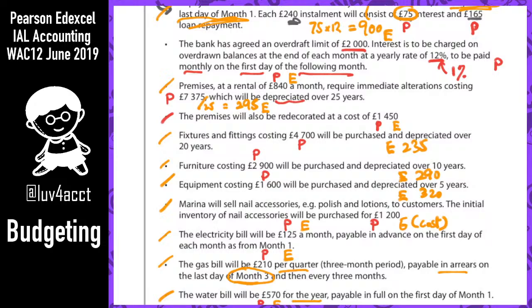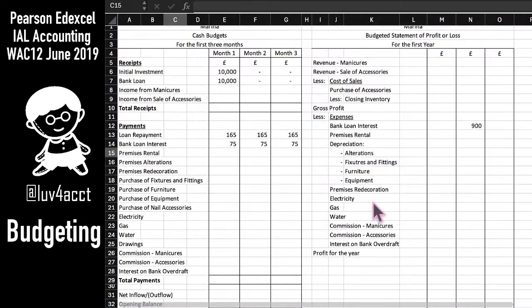We will do all this in one batch. Rental will be paid every month, right? 840. So here 840. Alteration will be paid only once, 1450. But not in month 2 and 3.